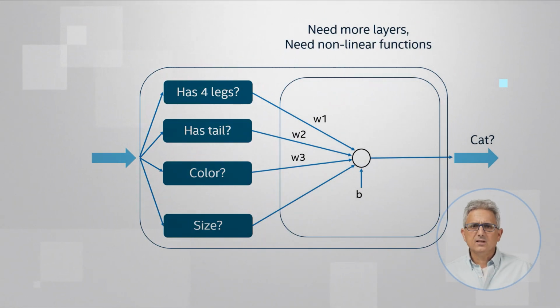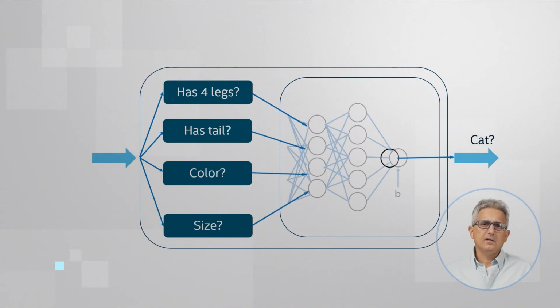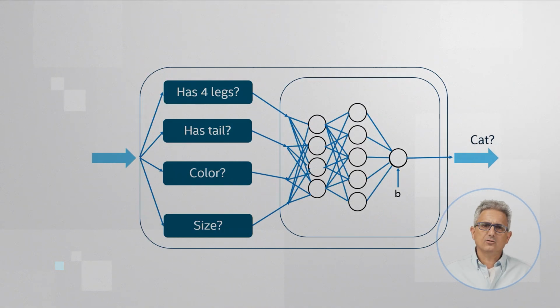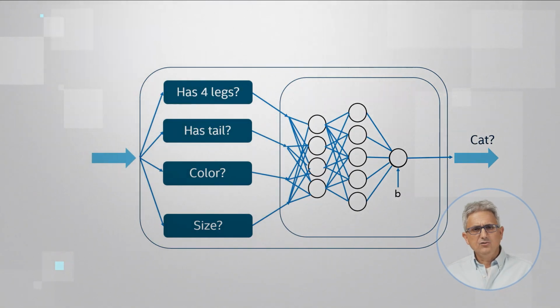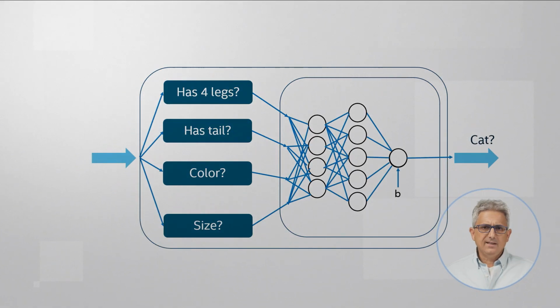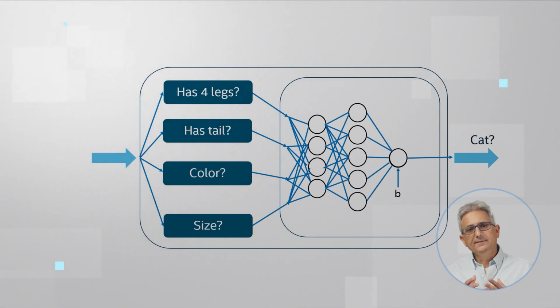And these functions need also to have some nonlinearities, so we build a much more complex function. As you can see, it is built in layers. This is inspired by the structure of our brain, and each node here represents a neuron. We can have many layers. The internal ones are called hidden layers, and this is why it's called deep learning.